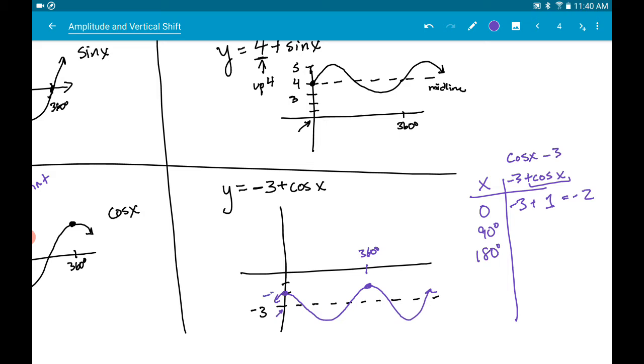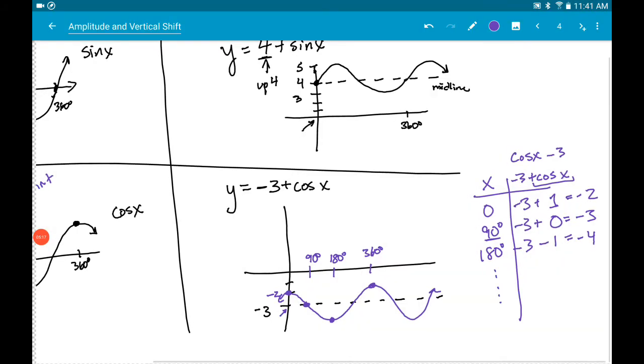And that's where this value is. That's where we just graphed. Cosine of 90 is 0. And then if you subtract 3 from that, you get -3. That's this spot right here. Cosine of 180 is -1. Negative 3 adding to negative 1, you get negative 4, and that's where it bottoms out. And again, you repeat this process however far you want to go. You can actually verify those points.